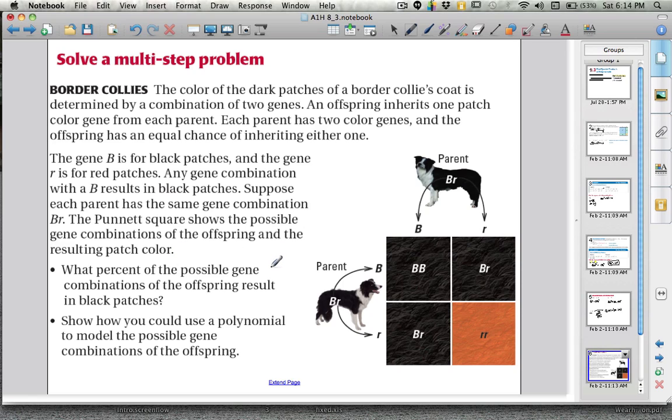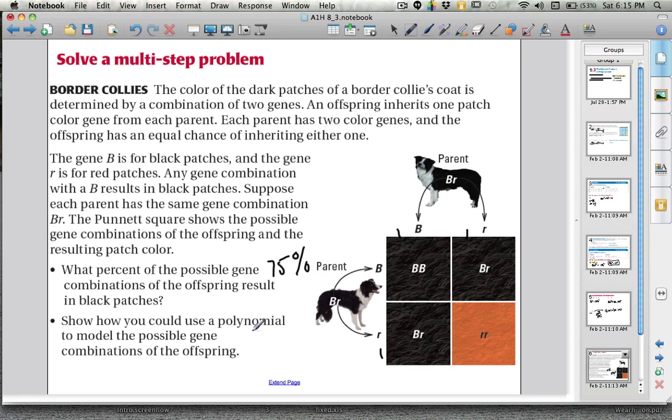What percent of the possible gene combinations of the offspring result in black patches? Any gene combination with a B, so this one has a B, and this one has a B, and this one has a B, so 3 of the 4, that would be 75%, 3/4.